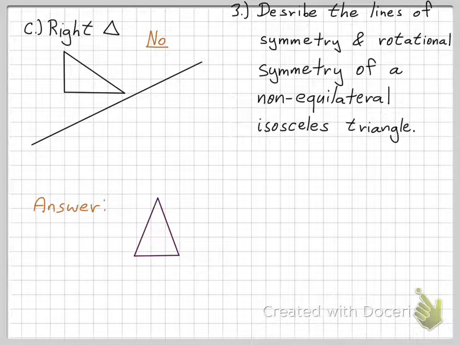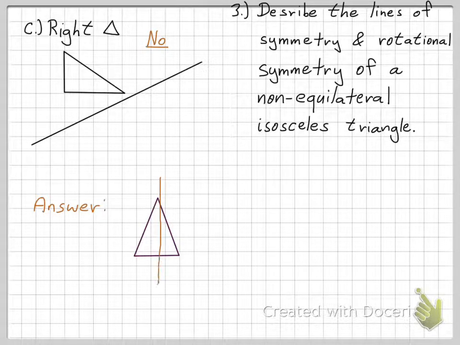Okay. So first off, let's talk about line symmetry. Does this have line symmetry? Again, you can pause this if you'd like, but I will continue at this point. And yes, if you go around there, and if you were to fold the figure about that line of reflection, that figure would map onto itself. So it does have line symmetry.